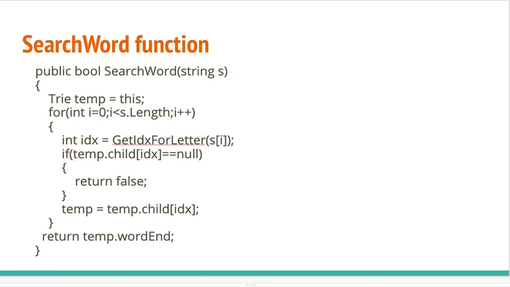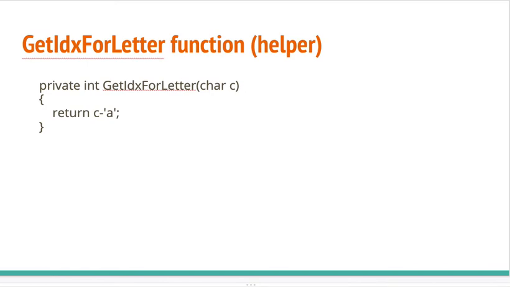Okay, and let's go ahead and look at the helper function get idx for letter, right? So this is a very simple code. What we are doing is, for a given character we are subtracting a from it. So that means if the character is a, we are transforming that to 0.